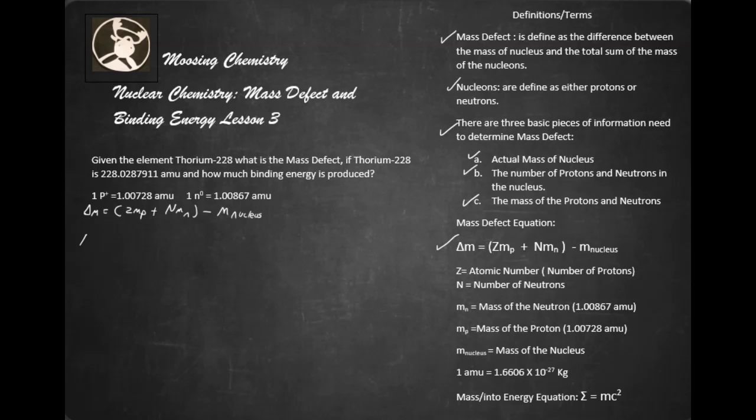So delta M then equals, of course, 90 protons for thorium-228. We're going to get the proton mass, 1.00728 AMU, plus with our neutrons we have 138 of them. How do we figure that out?